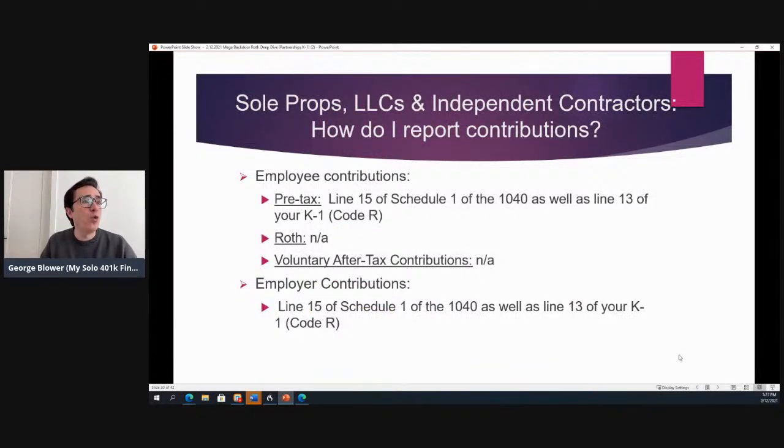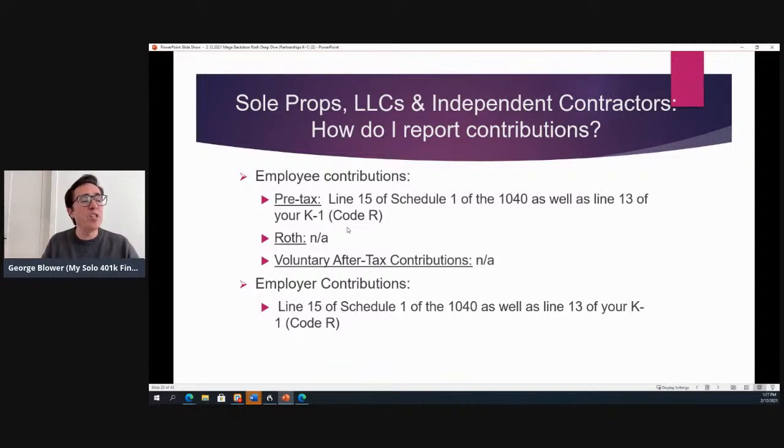So how do I report contributions? Here, the contributions need to be reported on line 15 of Schedule 1 of the 1040. And this is a wrong title here. Just know that we're talking about partnerships. So line 15 of Schedule 1 of the 1040, as well as line 13 of your K-1, if it's a pre-tax employee contribution.